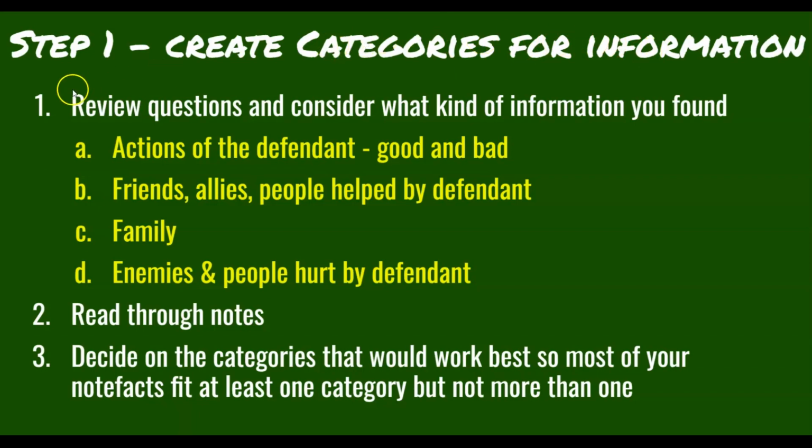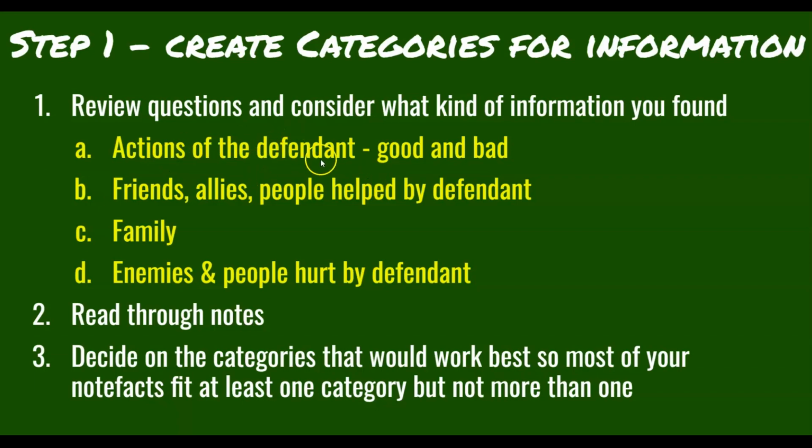Okay, and so to do that, the first thing we're going to do is review our research questions and consider what kind of information we found. So we should have found things the defendant did, actions they took, right? They fought certain civilizations, they conquered certain territories, maybe they established laws or libraries or promoted the arts, right?